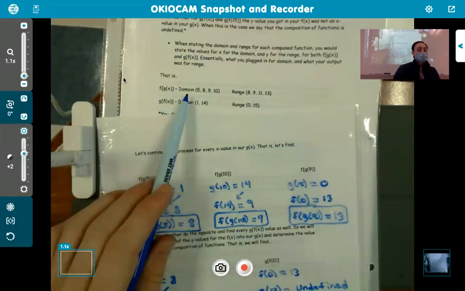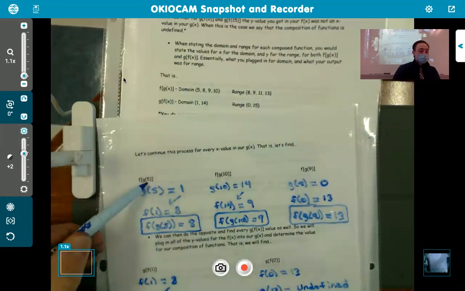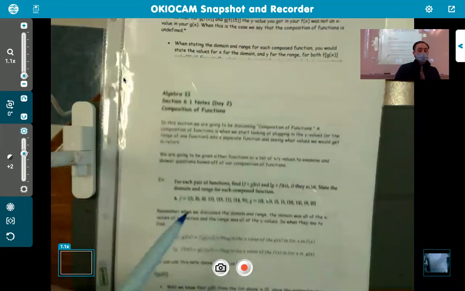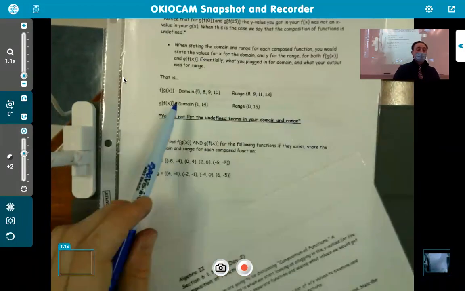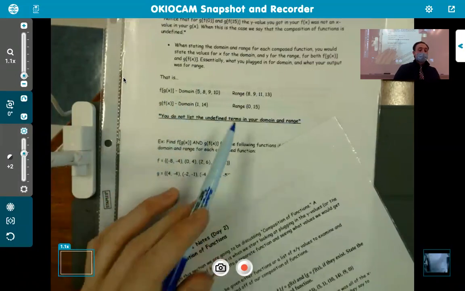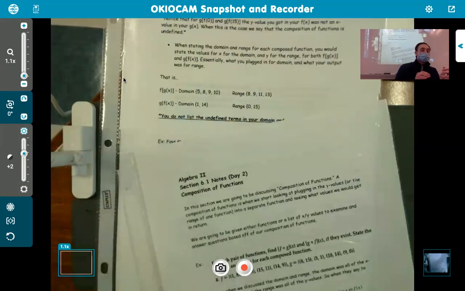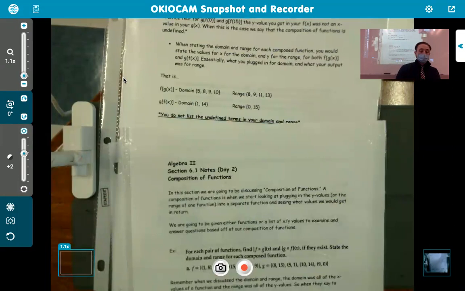Your input or your domain, your x values, are going to be the x values inside of your parentheses. Notice that all of the g values, the 8, 5, 10, and 9, are in my domain of the composition. That's where I start. The output is totally different. So make sure that you understand your domain and range aren't necessarily for one function, but for the whole composition.